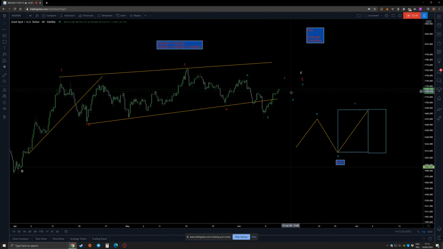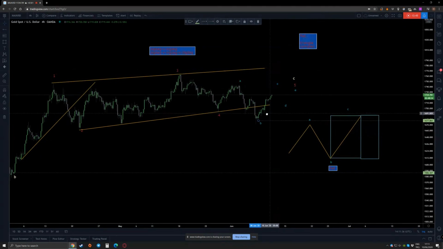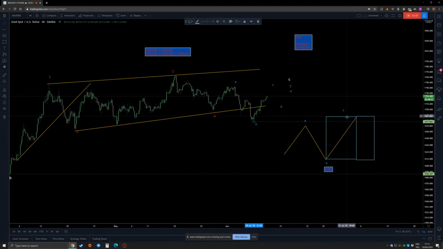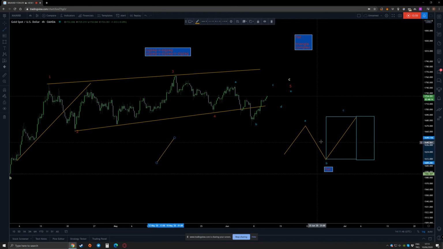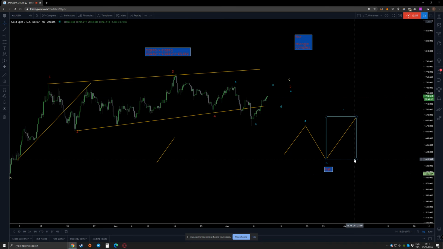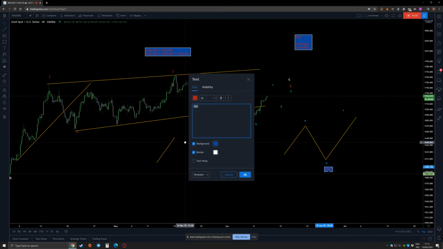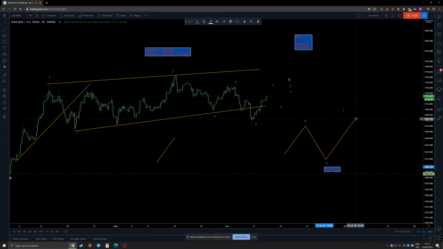Now, if I see a type of triangle, let's say that wave D is here, just as an example. If you have a triangle like this, we have A, actually, let me draw it here. So let's say that we have a triangle, which is actually a more likely scenario to happen, if you ask me.